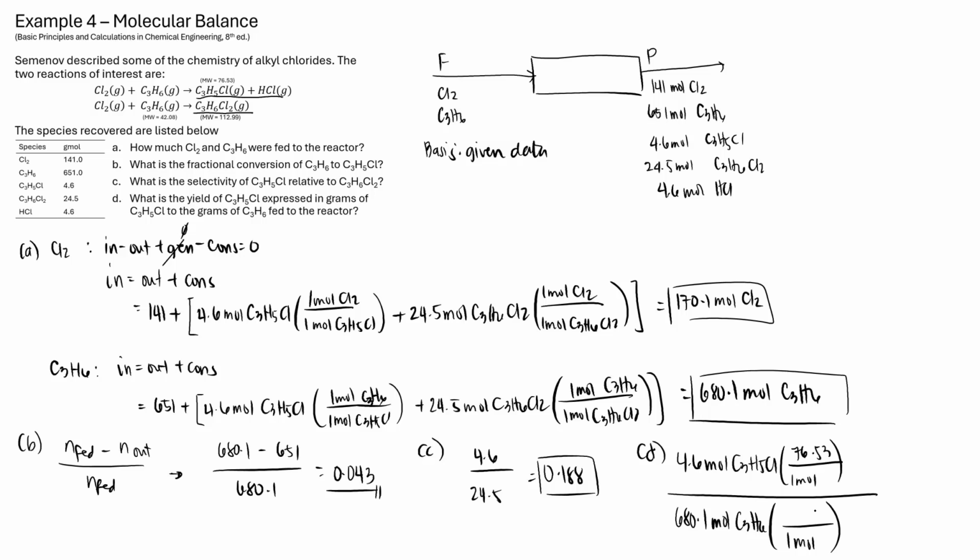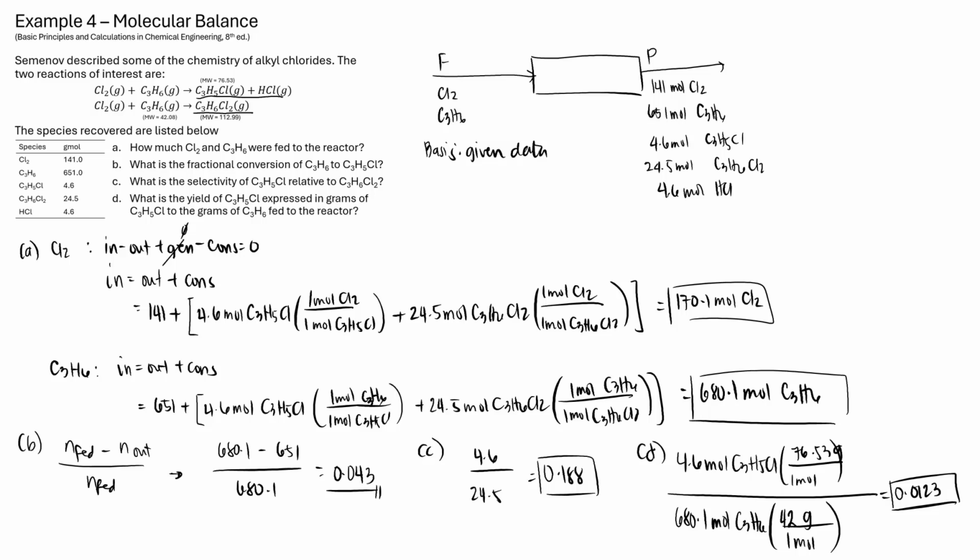So C3H6 is 36 plus 6, that's 42. So this is equal to 0.0123. Low yield, low selectivity. Not a good process. But the values are not what is being asked. So there you go.